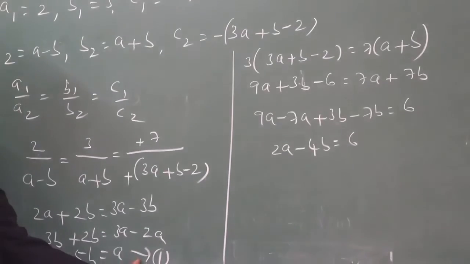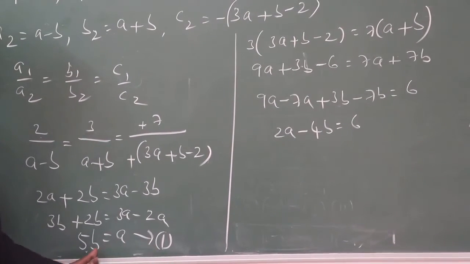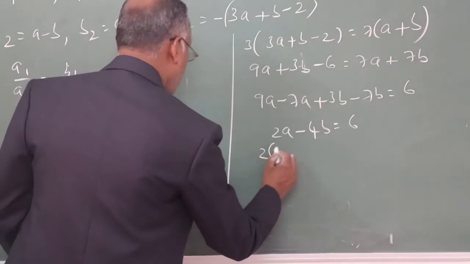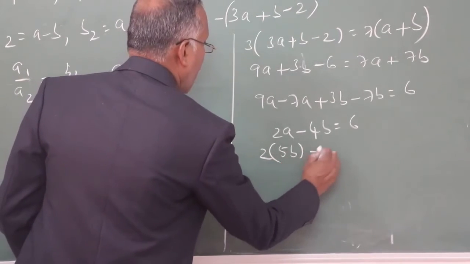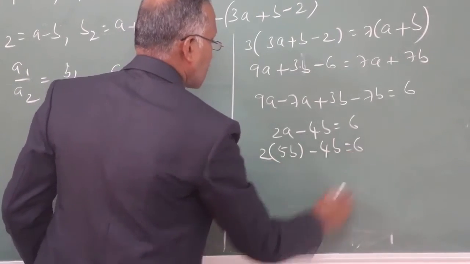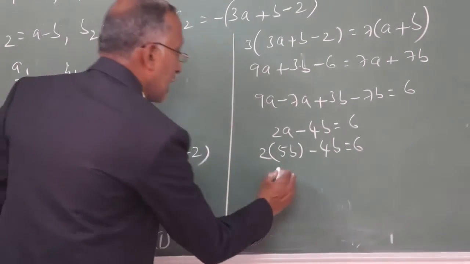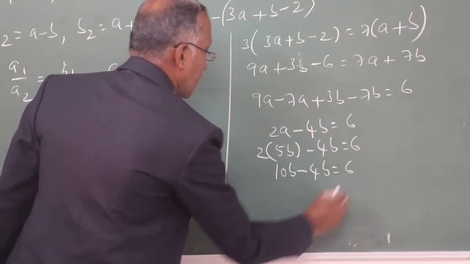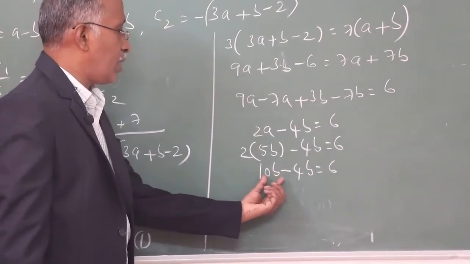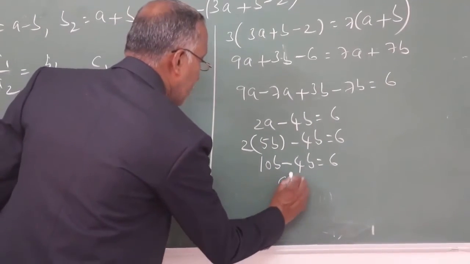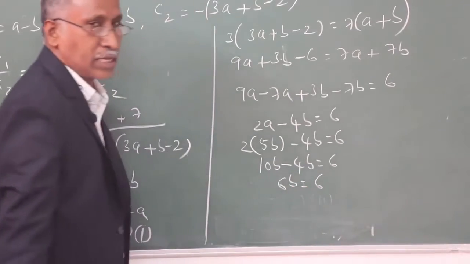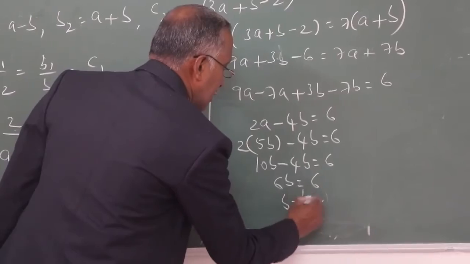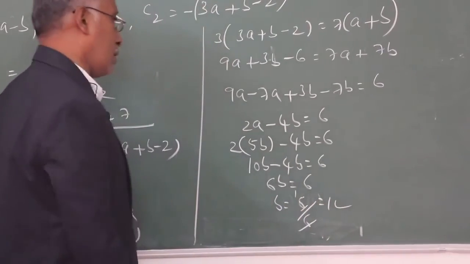But from equation 1 we have a equals 5b. Substitute this value: 2 into 5b minus 4b equals 6. 5 twos are 10. 10b minus 4b equals 6. Then 10b minus 4b is 6b, which equals 6. b equals 6 by 6, so b equals 1.